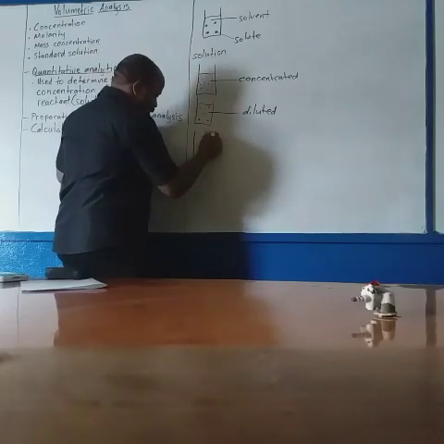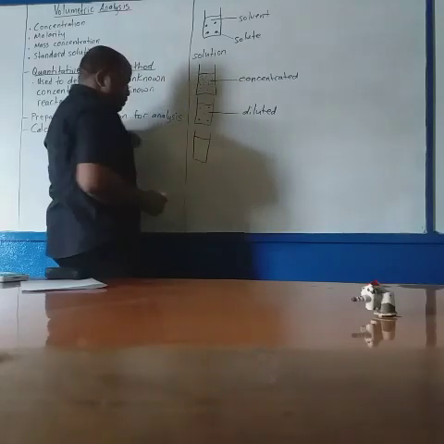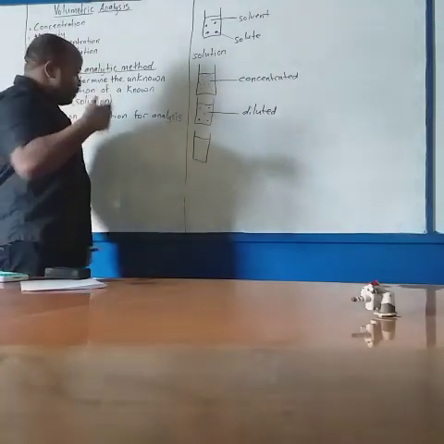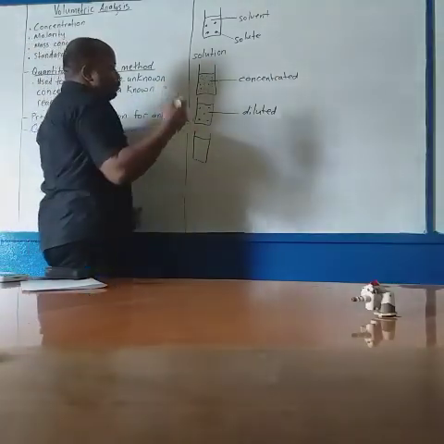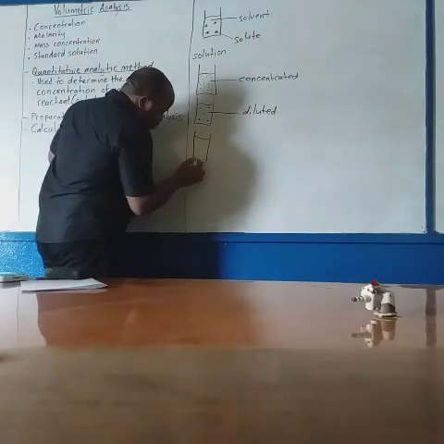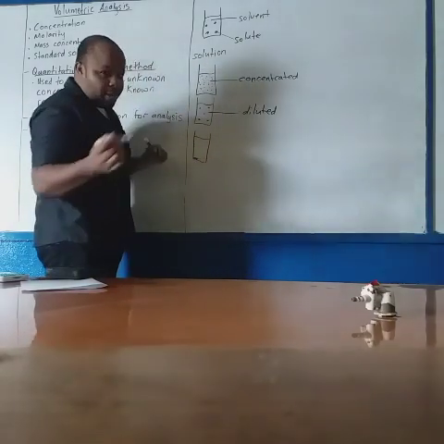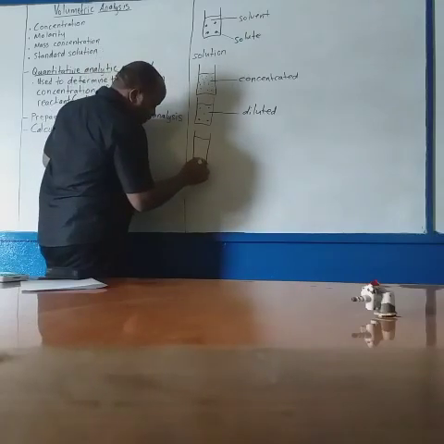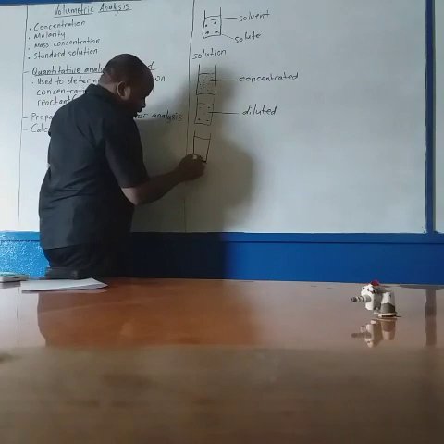Now, if you keep on adding the solute to the solvent, it will reach a point where no more of the solute will dissolve. It will settle, and you will actually see it.